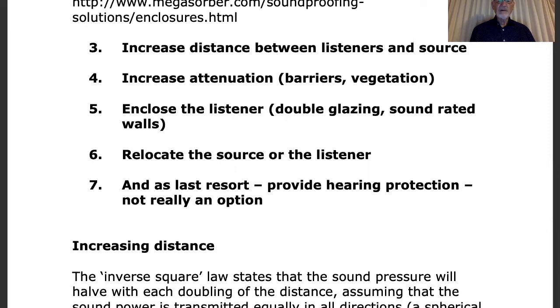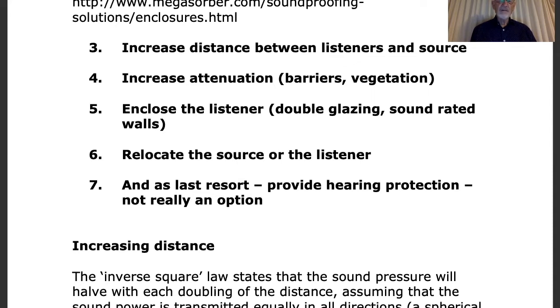You could relocate the source or the listener, so that happens. You would not want to have an aircraft landing over your house. So one of the things they try to do is move noisy industries like aerodromes as far away from residential areas as is practical.